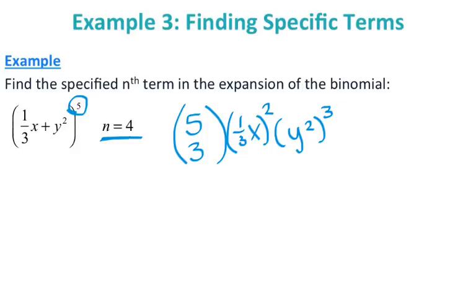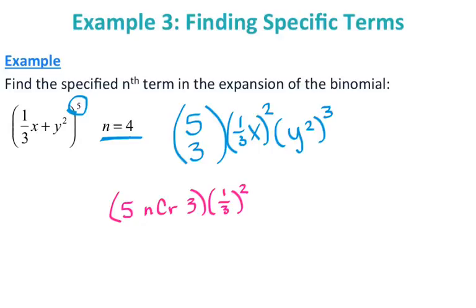So again, I'm going to plug in everything into my calculator at once. Here's what I'm typing into my calculator. It's 5, and then NCR with the 3. I'm going to take my 1/3 and raise it to the second power. And then my y doesn't have a coefficient, so I don't have a number that I need to actually raise to the third power.